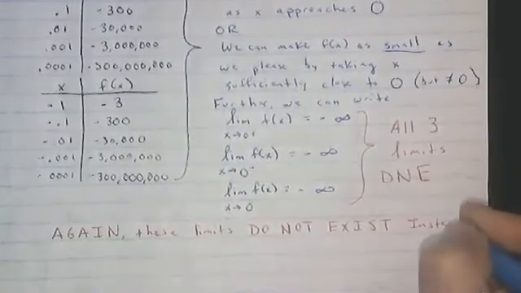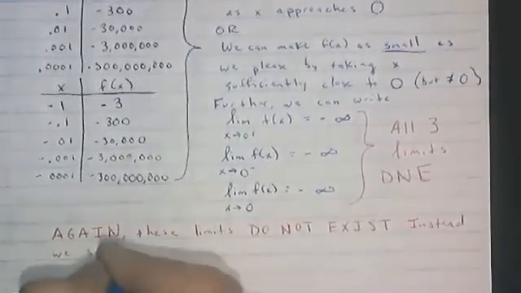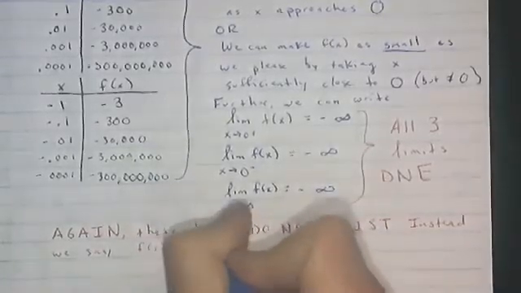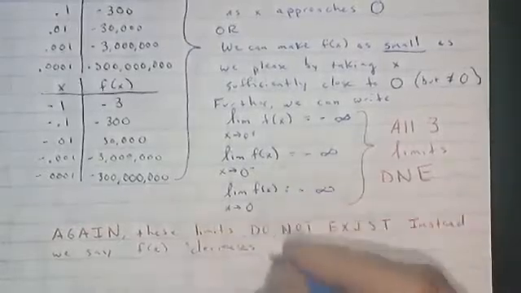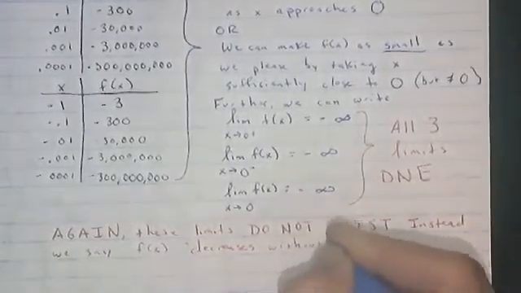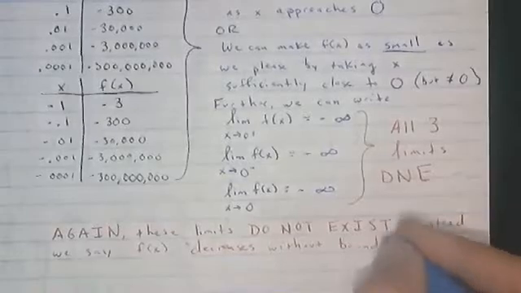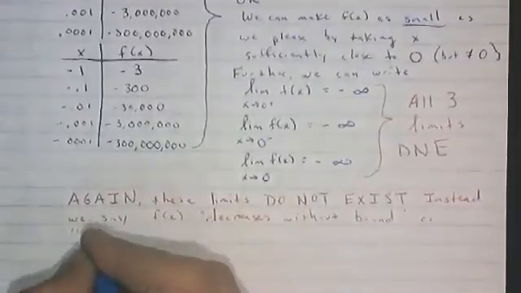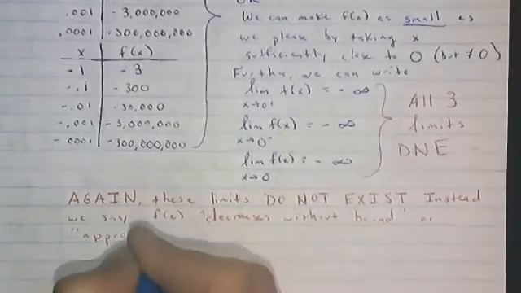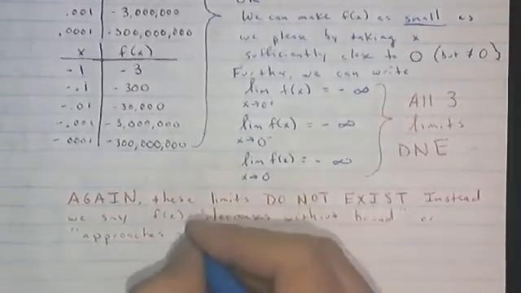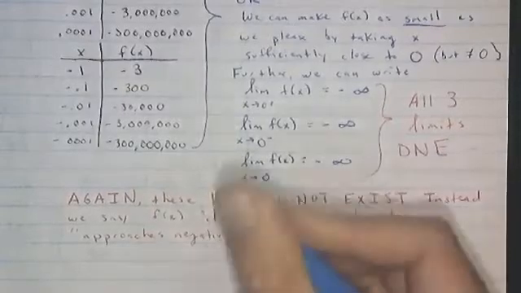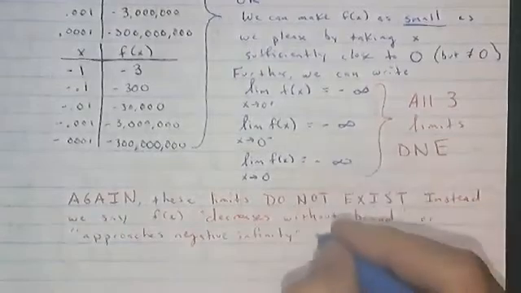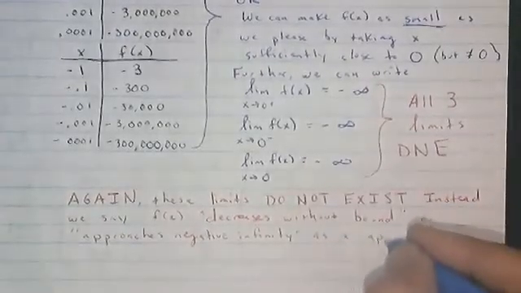Instead, we say f of x decreases without bound, or approaches negative infinity, as x approaches 0.